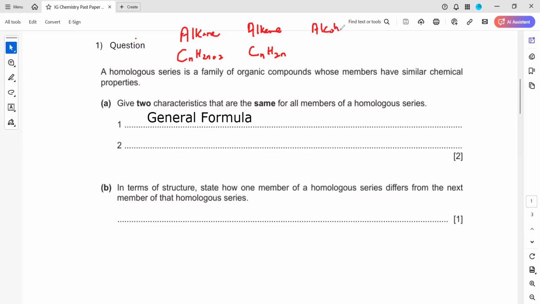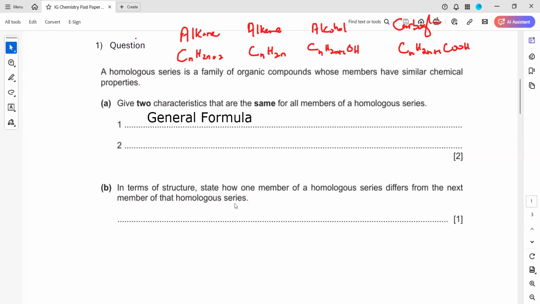Then alcohols. What is the general formula for alcohol? It is CnH2n+1OH. If we talk about carboxylic acids, what is the general formula? CnH2n+1COOH. So one of the characteristics of a homologous series is that they have a general formula.